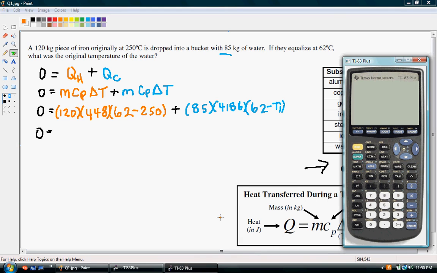Alright, and the calculator will tell us 120 times 448 times, and I would put this in parentheses, 62 minus 250. So we get a very large number, negative 10,106,880.